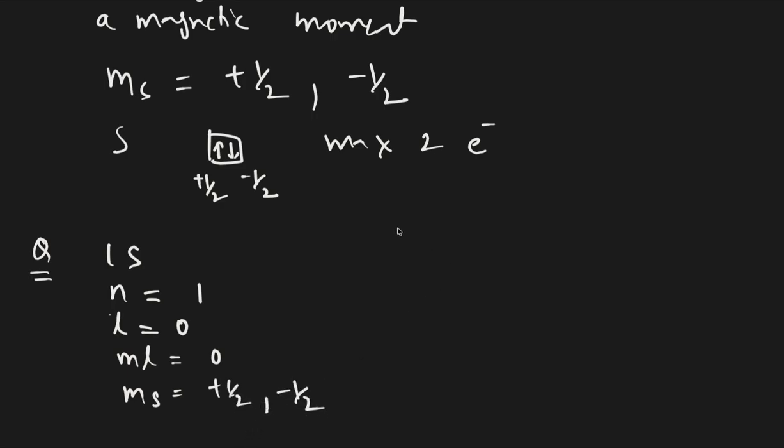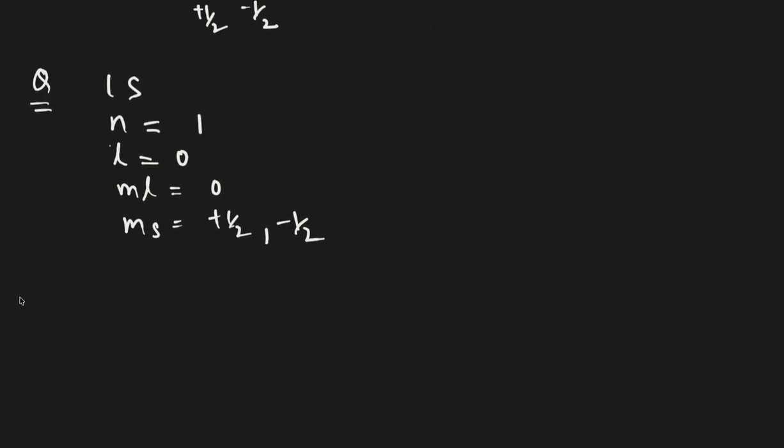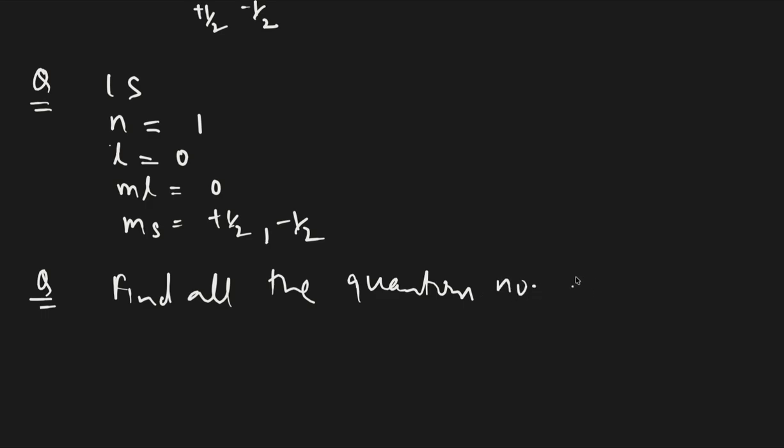Okay, another little bit complicated question if I have to ask: find all the quantum numbers for, let's say, 2p5.